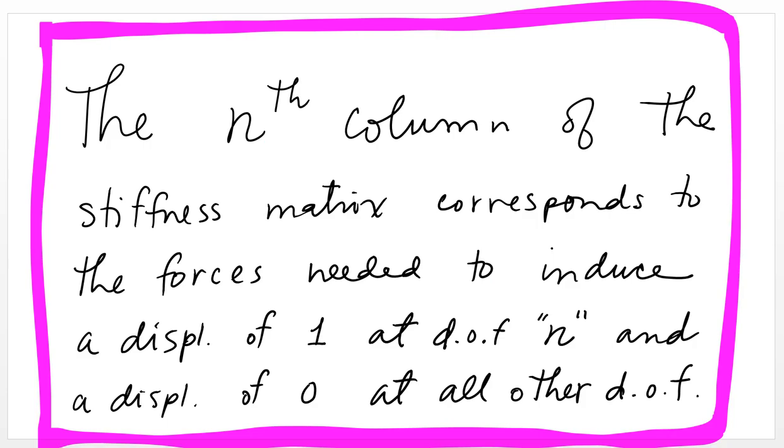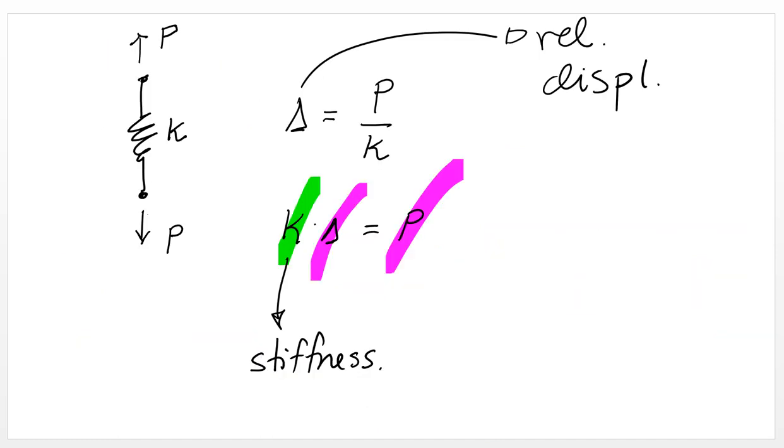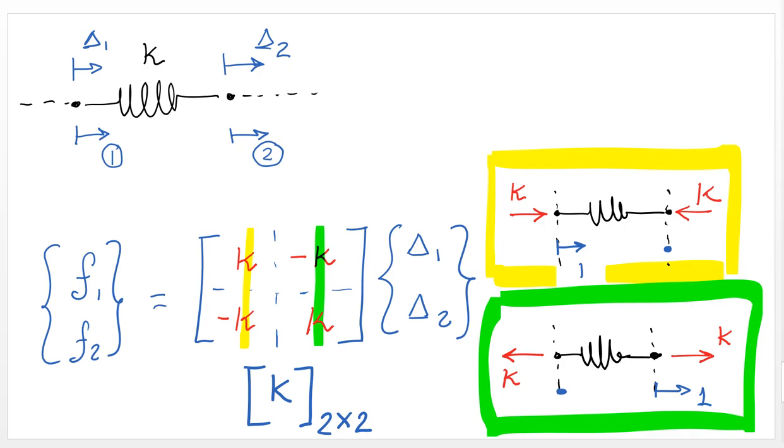So if we want to determine the first column of the stiffness matrix, we apply a unit displacement at end 1, and we find the forces that are needed to induce that displacement by using what we know about the behavior of an ideal spring. In this case the relative displacement is 1. The displacement 1 is going to the right, it's positive, so the forces that are needed are as shown here in red: K going to the right at one end and K going to the left at the other.